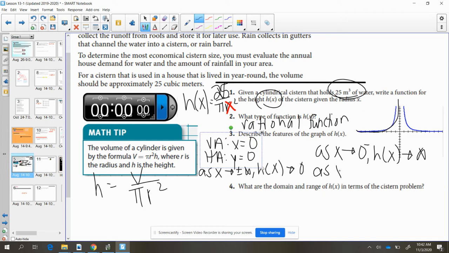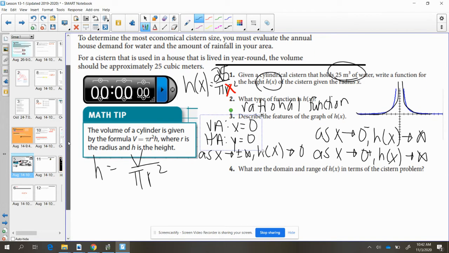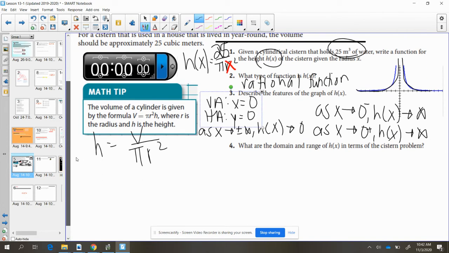And actually that same end behavior is happening as we approach the vertical asymptote from the right, denoted with this little plus sign. h of x is also approaching positive infinity. And we'll talk more about these vertical asymptote end behaviors as we move on through these lessons, but it's a good habit to start getting into looking at those now.